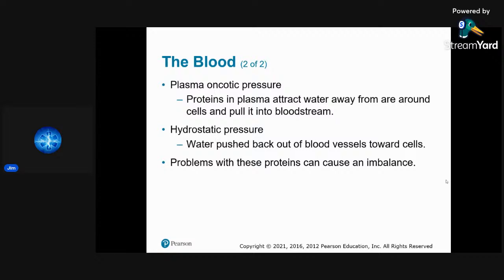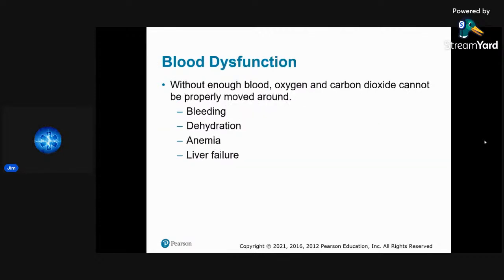Hydrostatic pressure is when the water pushes back out of the blood vessel towards the cells, right? Problems with these proteins can cause an imbalance. So, for example, if we have liver issues like hepatitis or liver trauma, and our liver is not able to create these proteins, we could start to see a water imbalance.